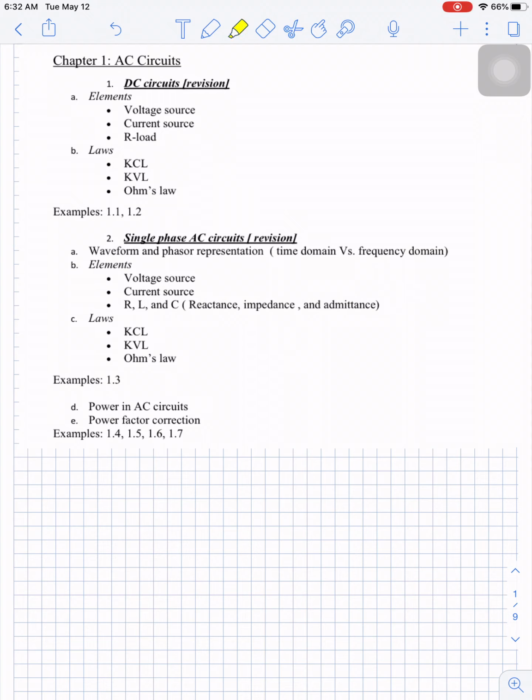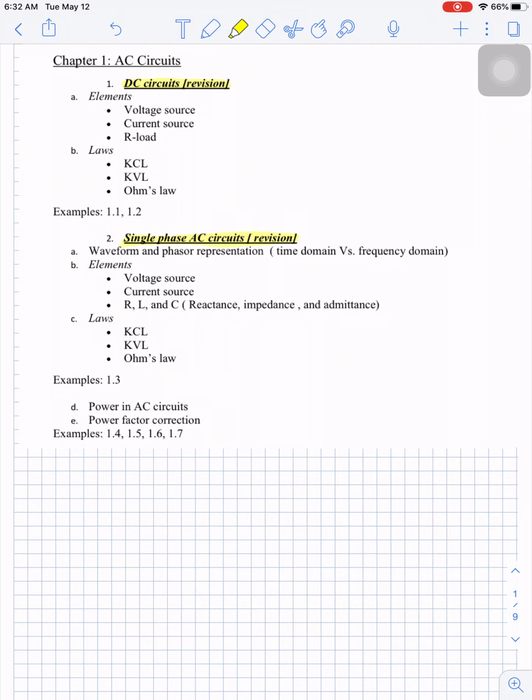The first chapter is revision, so we can review what you learned in circuits, and we will review what we need for this course. We will start by doing a revision for DC circuits, then we will do a revision for single phase AC circuits.